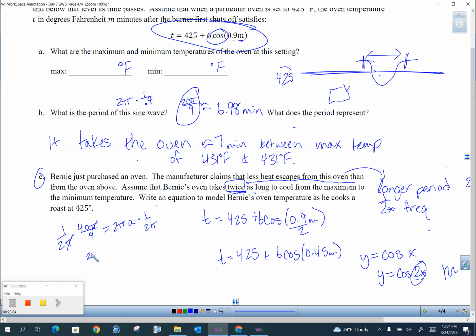We've got 20 over 9 equaling 1 over a, which means we would have 9 over 20 here, which is the same thing as our 0.45. Okay, up to you how you want to think through that, but thinking back to our purple note card of horizontal stretch or horizontal compression might let you get there a little bit faster.